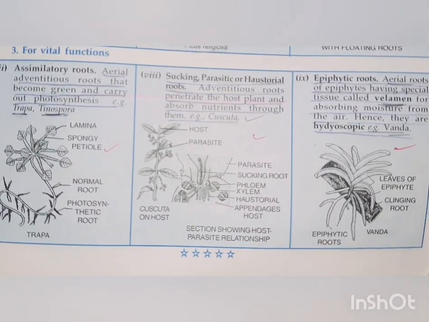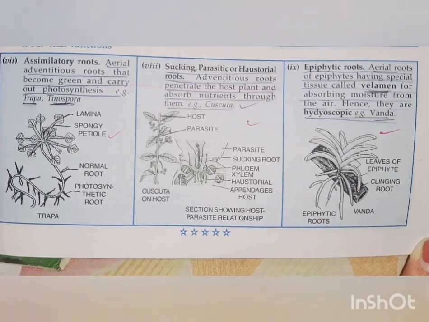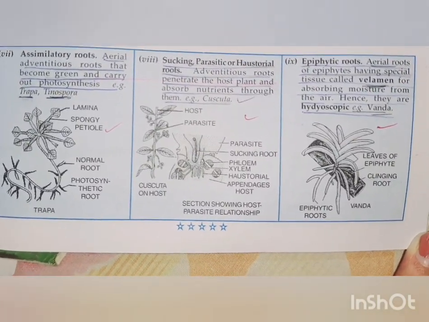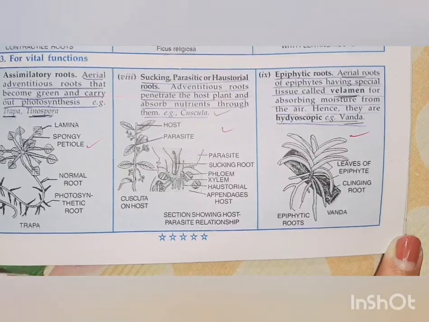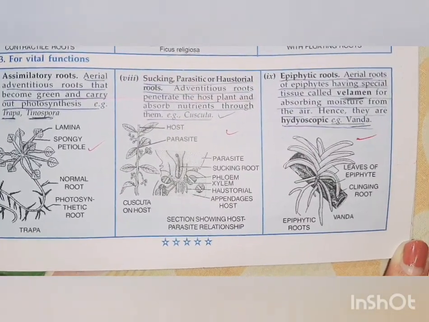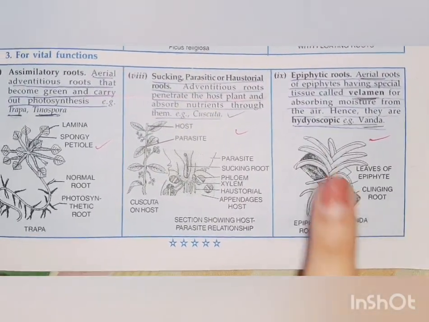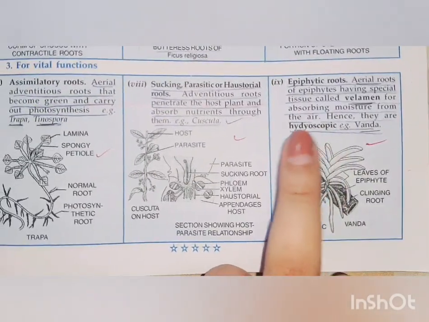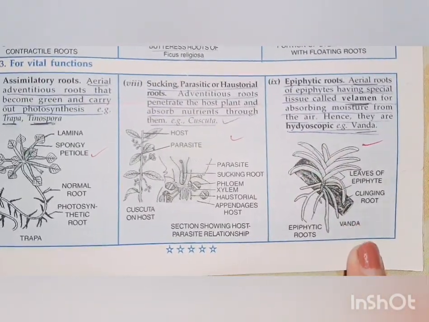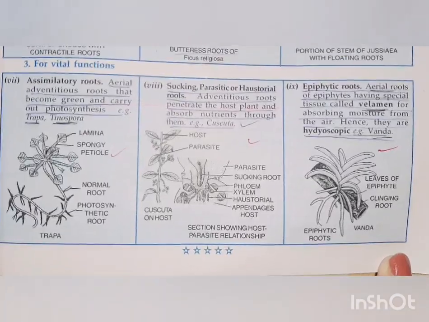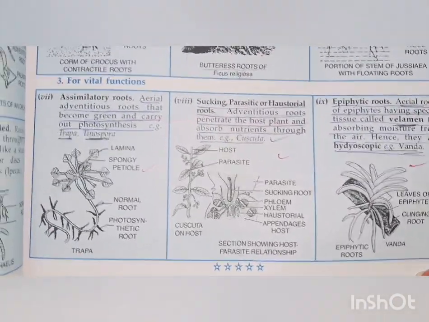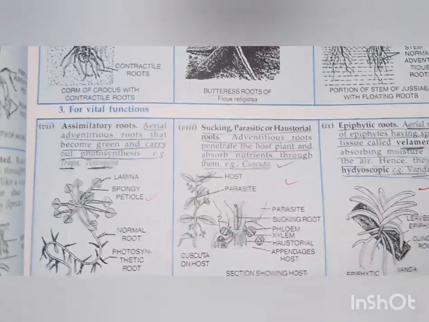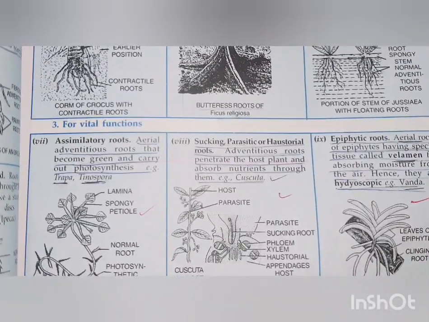Then epiphytic root, they are aerial roots having a special tissue called velamen for absorbing moisture from the air. Hence they are hygroscopic in nature, present in Vanda and many epiphytes, mainly orchids. So it is all about different types of root modification.